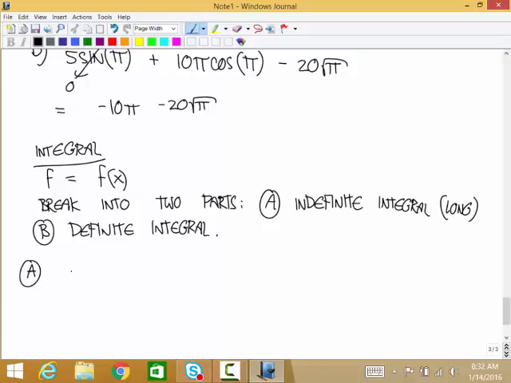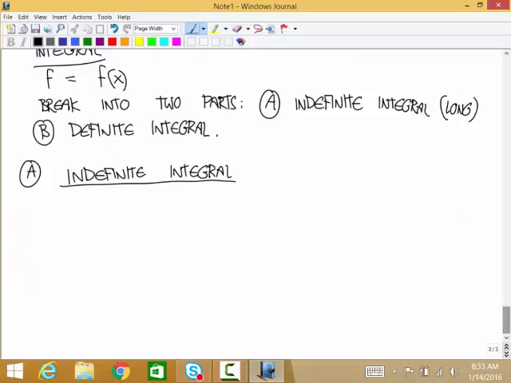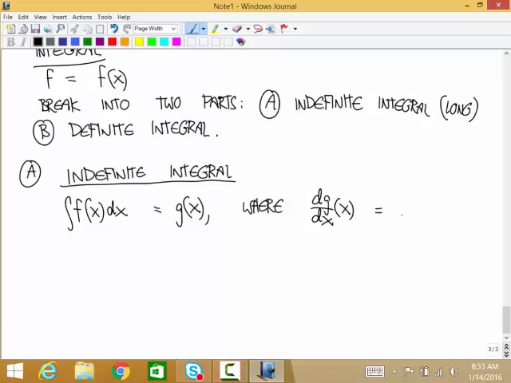Okay, so first is the indefinite integral. So the integral of f of x dx is equal to g of x where dg dx is equal to f of x.